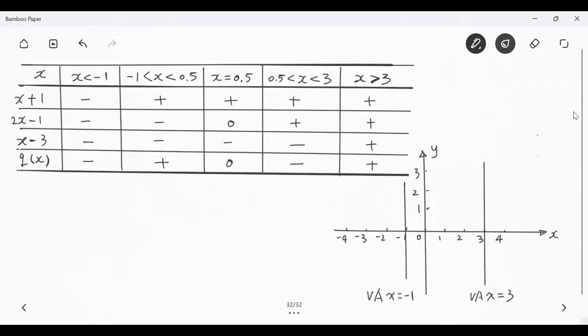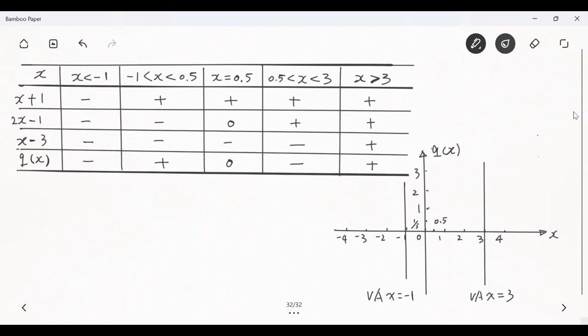Then the x-intercept is 0.5. The y-intercept is 1/3. Then we use the table to identify when x is less than negative 1, at the left side, Q(x) is negative, so below the x-axis.